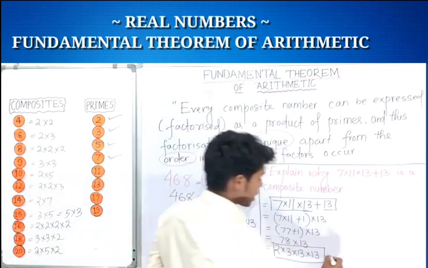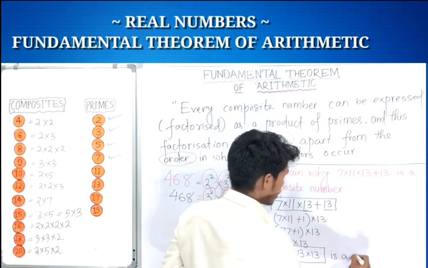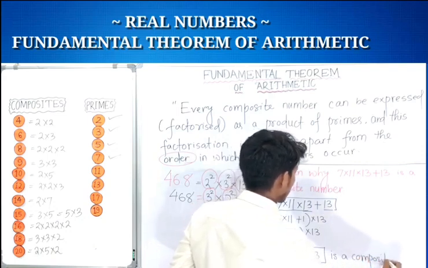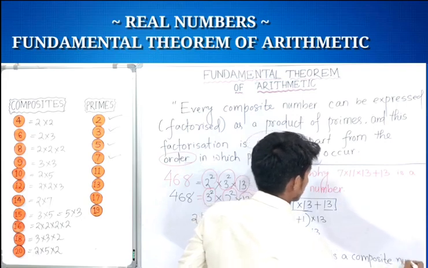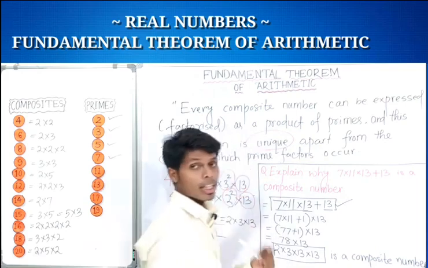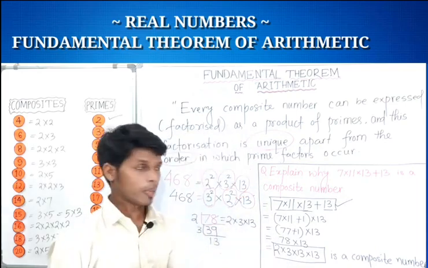So we can clearly say this is a composite number, as prime numbers are multiplied together. Ultimately the original given number is also a composite number.